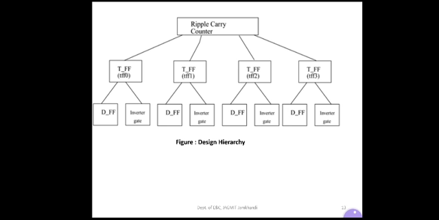So here the ripple carry counter is a top level module, which is further subdivided into a number of T flip-flops. As it is a 4-bit ripple carry counter, we require 4 T flip-flops. So T flip-flops TFF0, TFF1, TFF2 and TFF3 are the sub blocks of the ripple carry counter, which is a top level block.